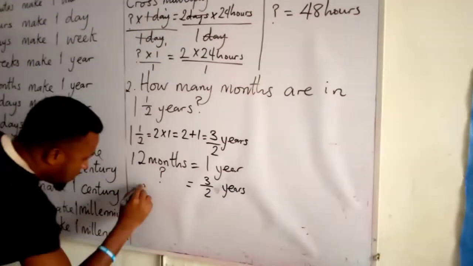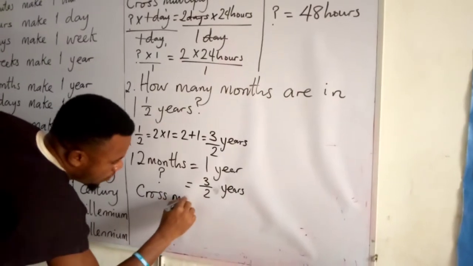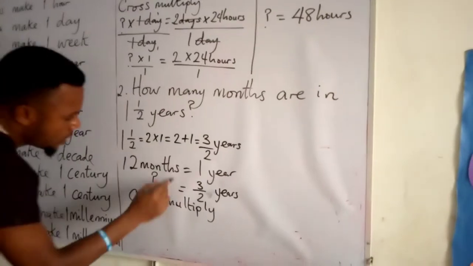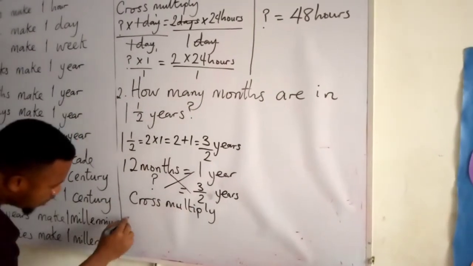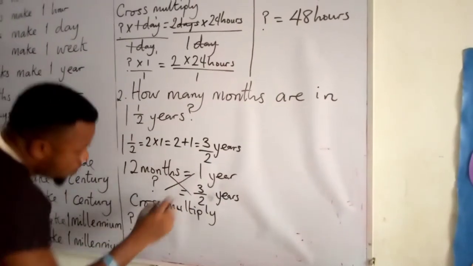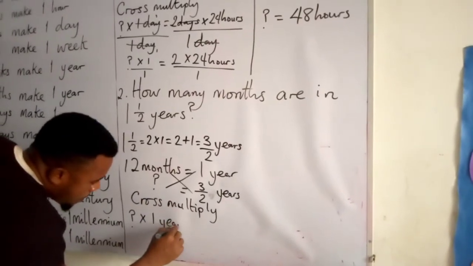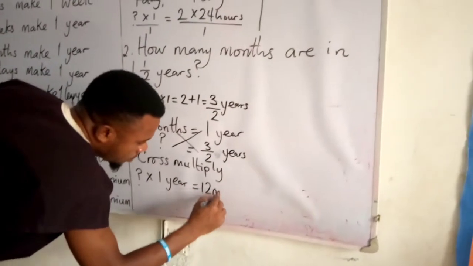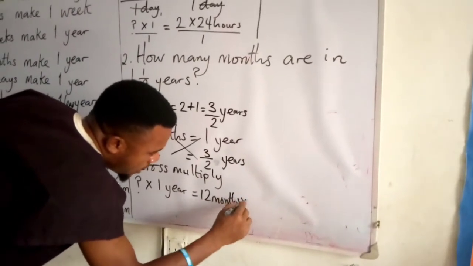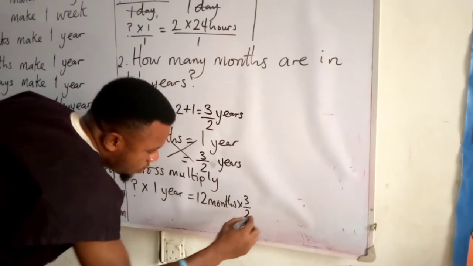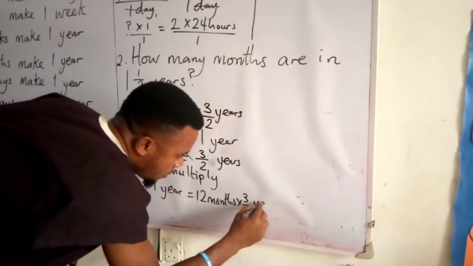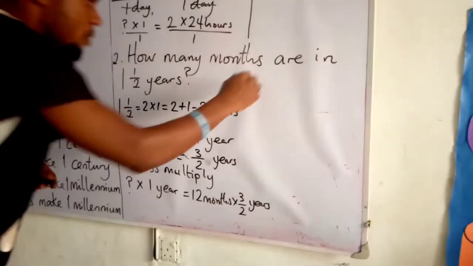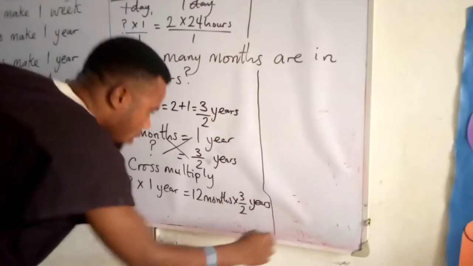So what we do is cross multiply. When we cross multiply, we have this multiplying this. So unknown times 1 year is equal to 12 months times 3 all over 2 years. Now we can solve it this way.